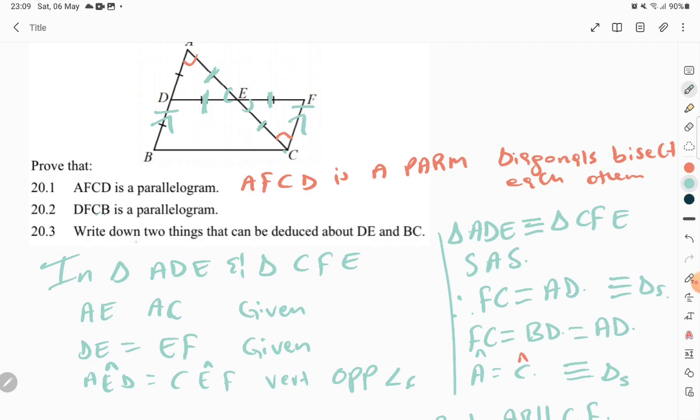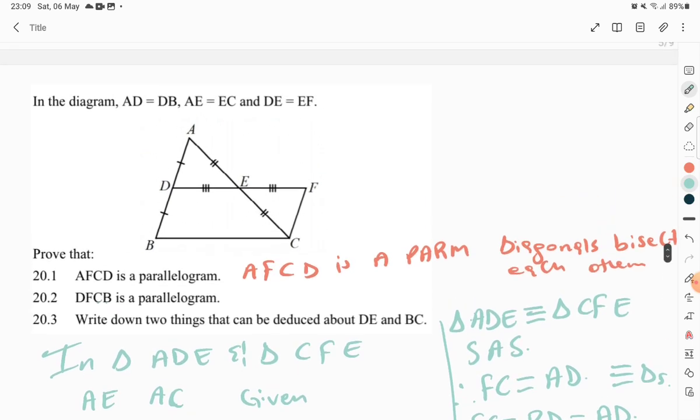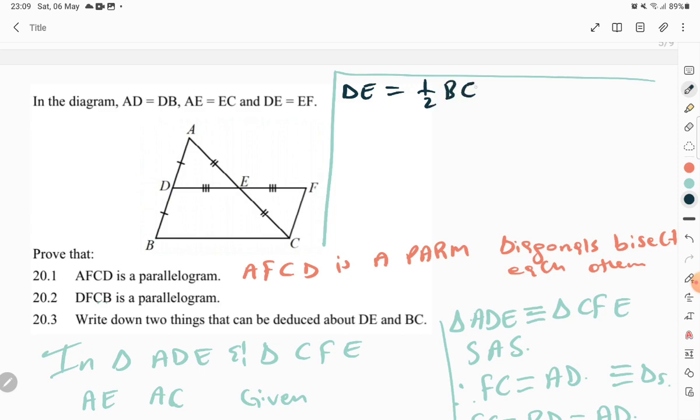Now write down two things that can be deduced about DE and BC. DE and BC, let me just write that. DE and BC. If that is the case, DE, we can actually tell, or probably number two, I just found another way of doing the very same thing, that DE is actually half of BC, right?